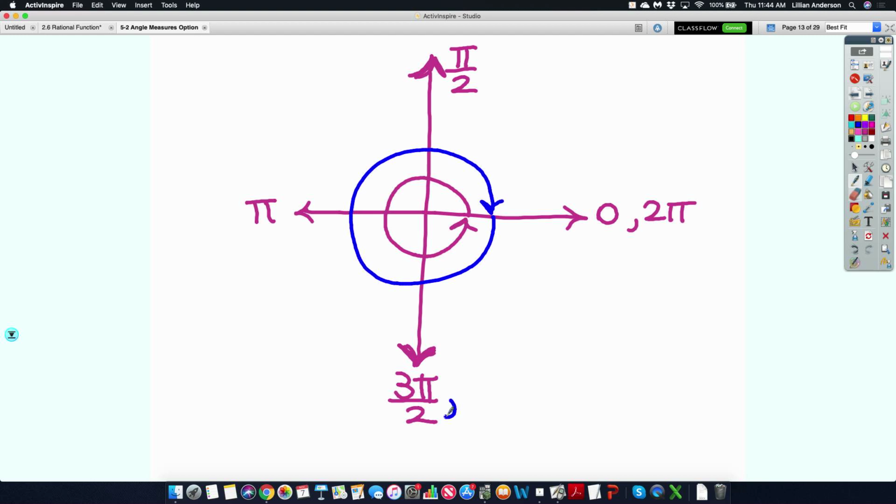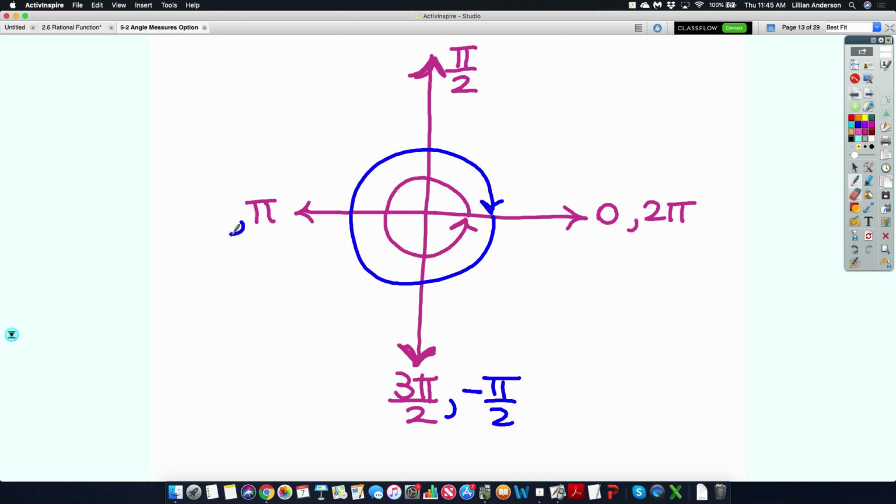This one is going to be what? Don't overthink it. Negative. It's negative pi over 2, because it's the exact opposite. I'm just going in the negative direction.